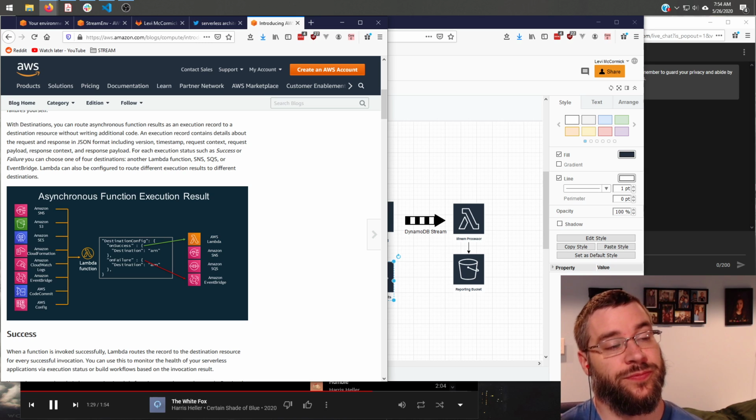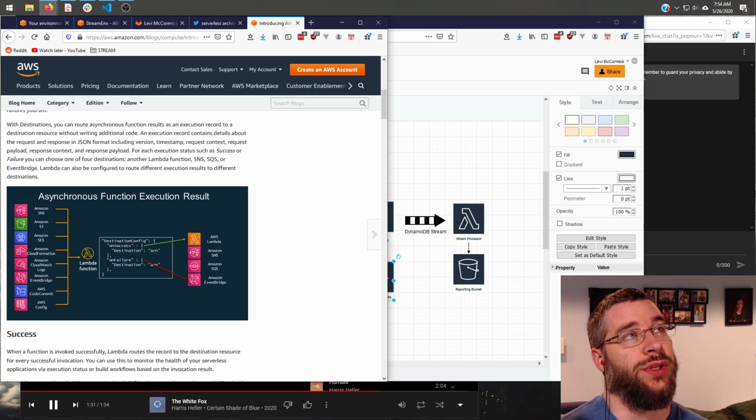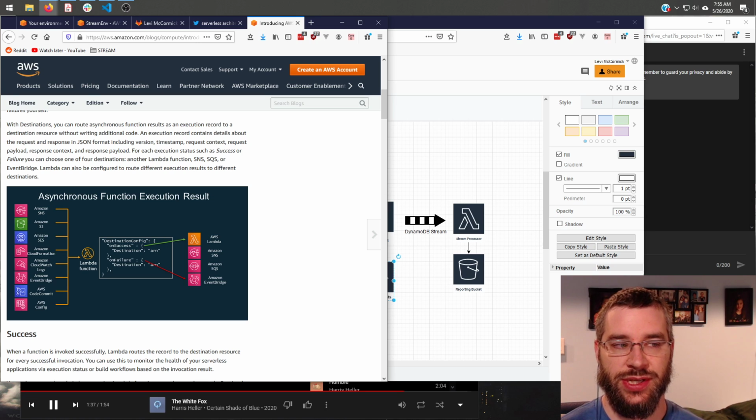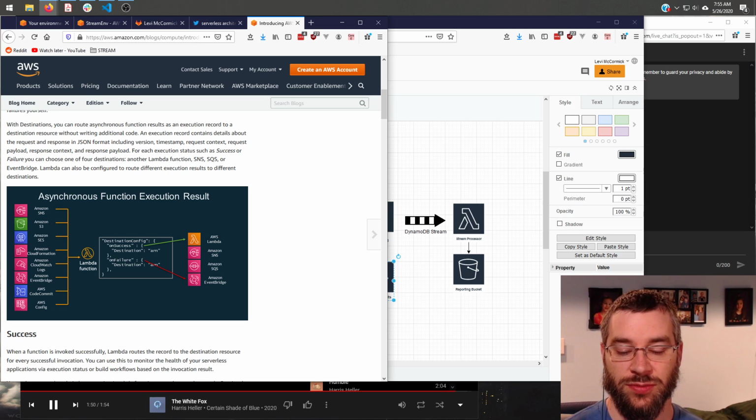Okay, so Lambda Destinations allows you to determine if a Lambda succeeds, send the output or the data to one destination. If it fails, send it to a different destination. So you can start doing some logic flow in your function calls.